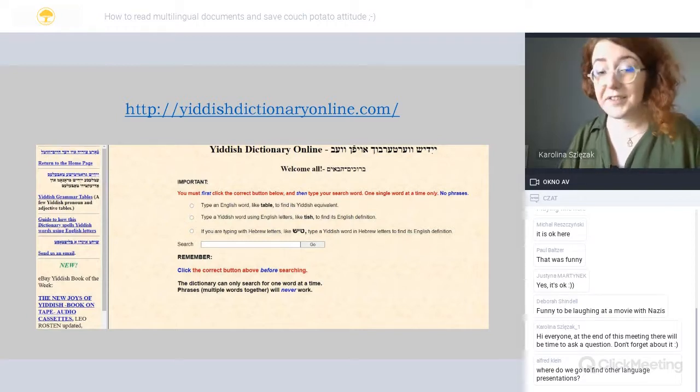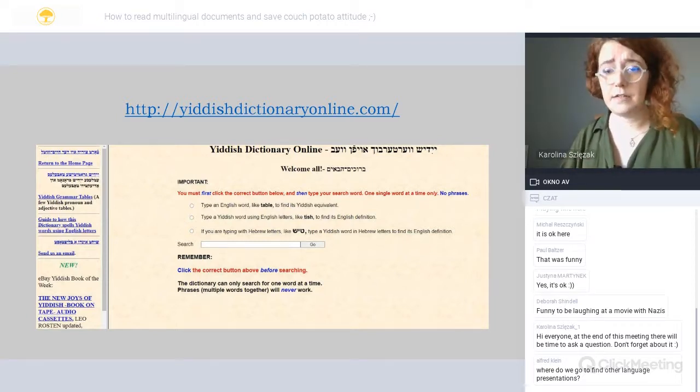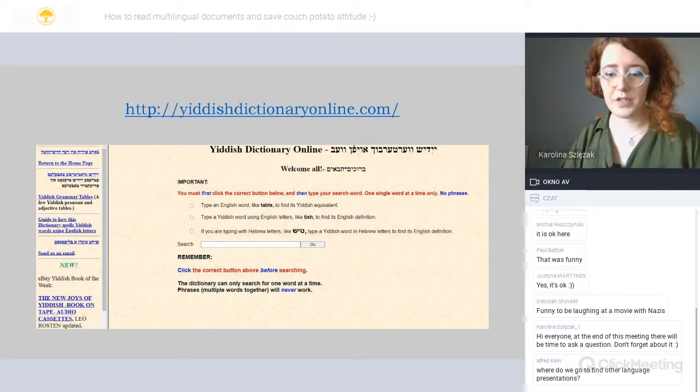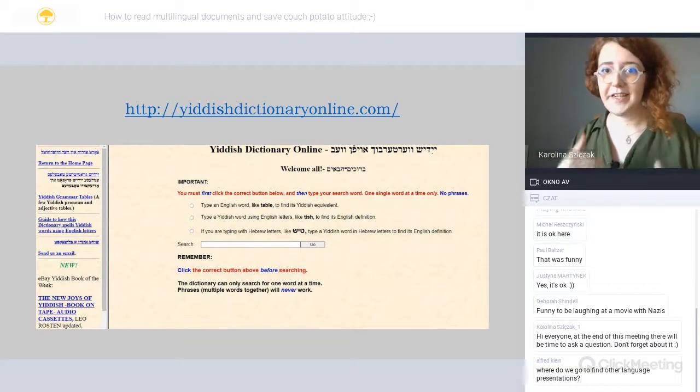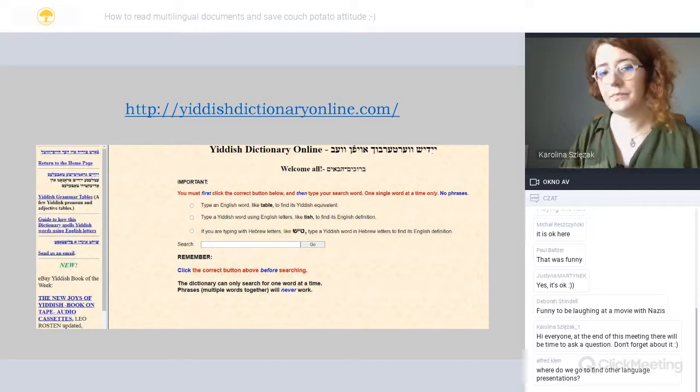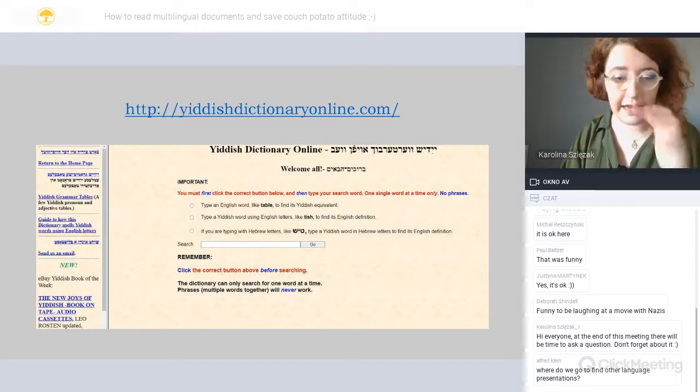And we need to remember that the spelling differs because Yiddish itself is a very phonetic language. So we just transliterate as we hear things into the Yiddish alphabet, actually.